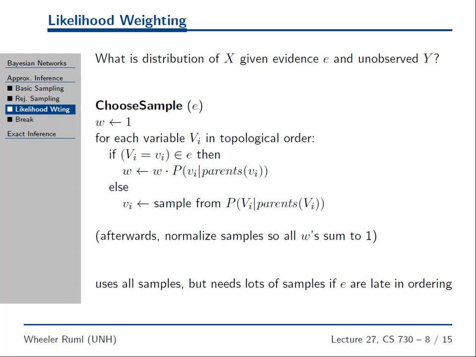Now, when we're done, we're going to have a complete world, and it's going to have a weight associated to it according to how unlikely it was. But every single sample we take is going to have the right evidence. So we're only generating worlds that are interesting to us. What we've captured is that we're weighting each world.